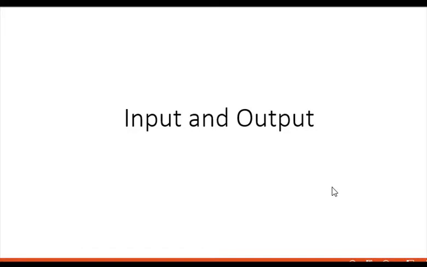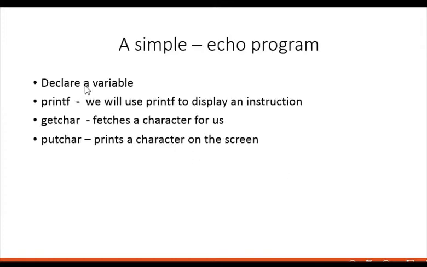Okay, in this video we will demonstrate simple input and output functions. These are the functions we will utilize to accomplish a program called echo: getchar and putchar. Getchar fetches the letters for us from the screen, and putchar prints a character or a letter on the screen.